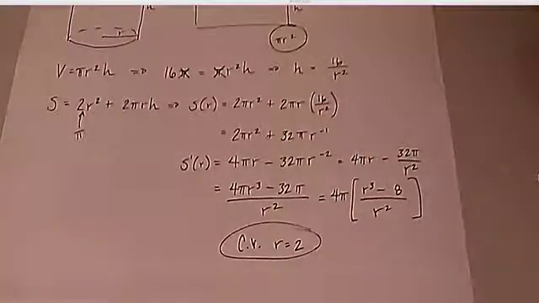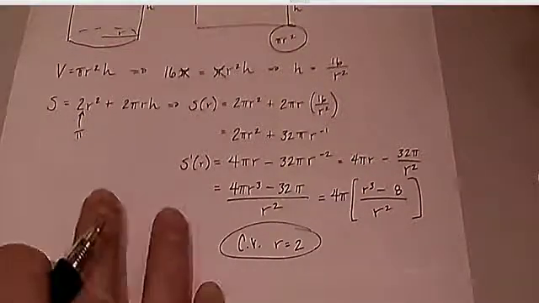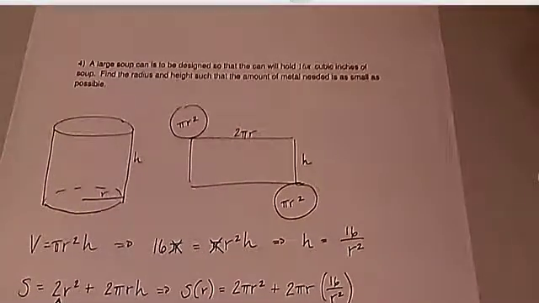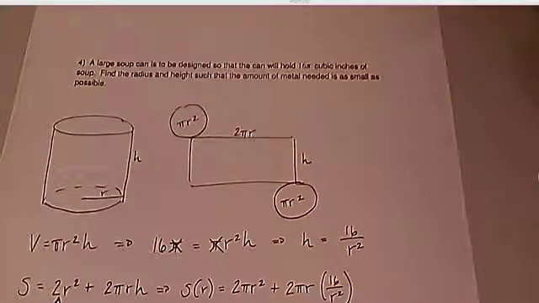And then from there, what we need to do is actually answer the question. Now, did the question ask me what is the minimum surface area, or did it ask me for information about that scenario? Because you got to be very careful about what it asks you. It asked me to find the radius and the height such that the amount of metal needed is as small as possible. So it doesn't actually ask me to calculate.